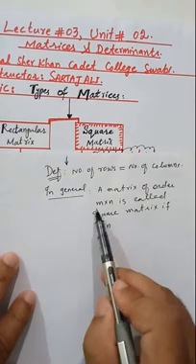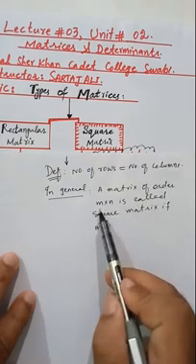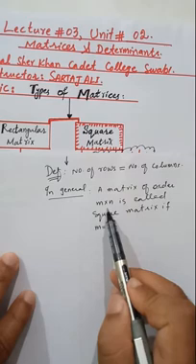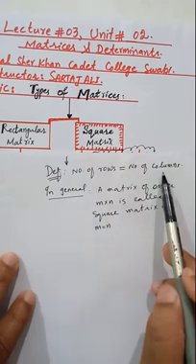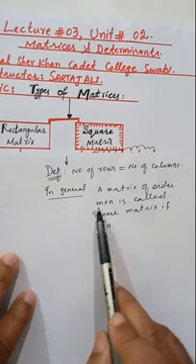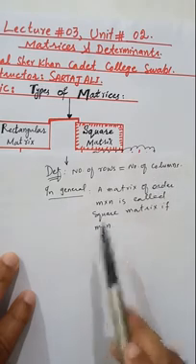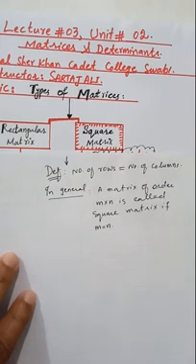If m by n is the order, what does it mean? It means that there are m rows and n columns. So the definition of the square matrix is that the number of rows is equal to the number of columns. If so, then that matrix is said to be a square matrix.